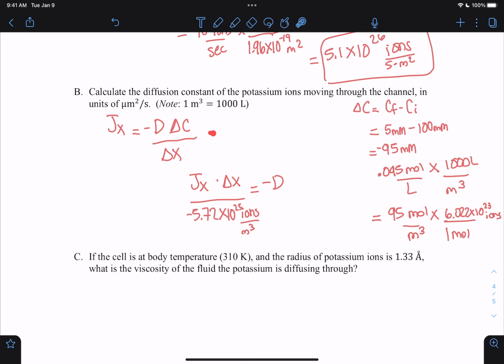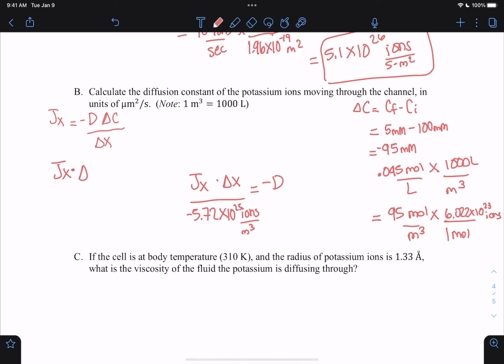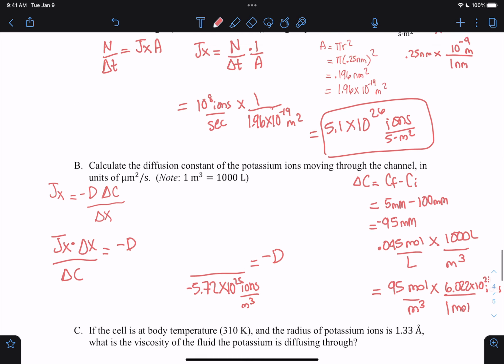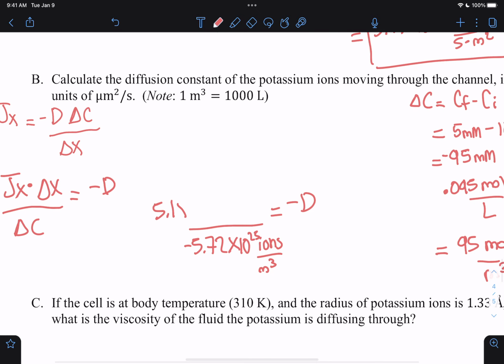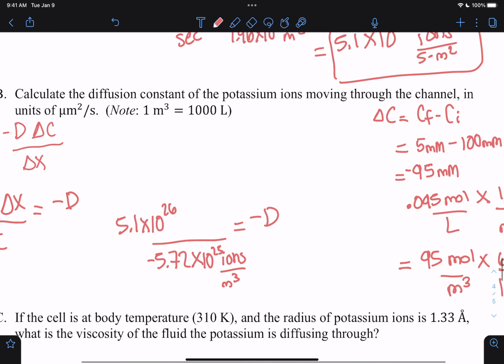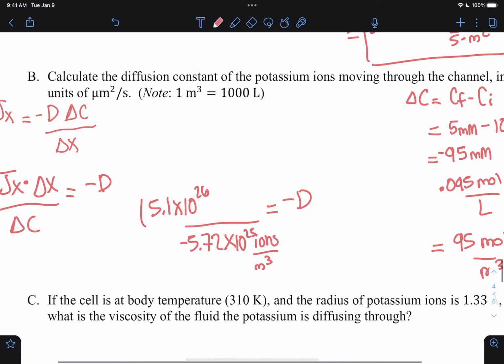And let me actually rearrange this a little bit so we can clearly see what's going on. So there we have our concentration. We have negative D here. Then we can input our flux and our thickness of the membrane. So the flux was 5.1 times 10 to the 26. I'll just forego the units for now, just so I can save some space.